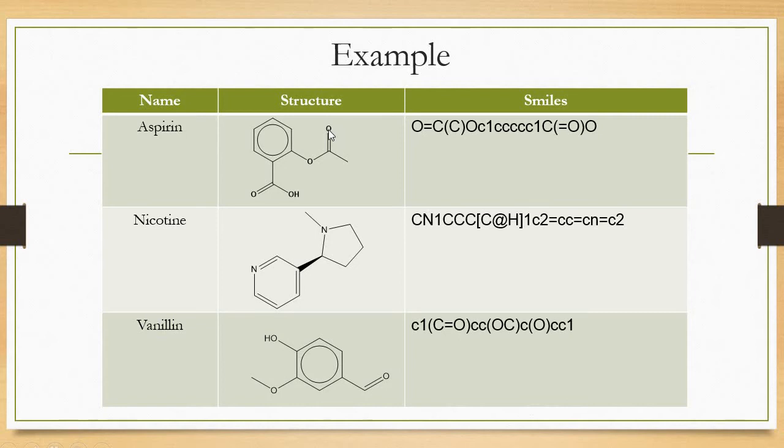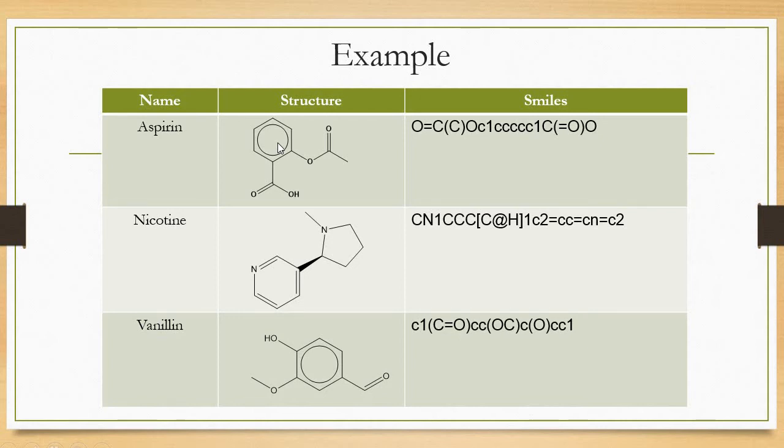It starts from here, that is O double bond with carbon. It is connected with this carbon. This represents the O double bond C, and this branched carbon is represented in the brackets. Then with O, then this O is here, O C1, and all the small c characters represent this aromatic ring.